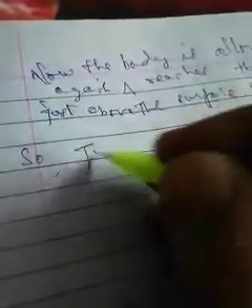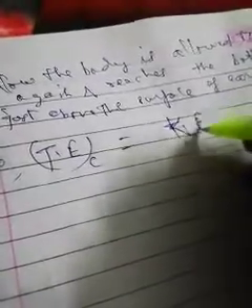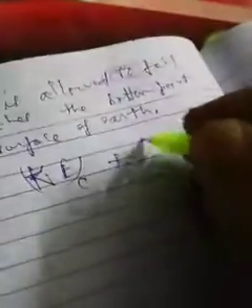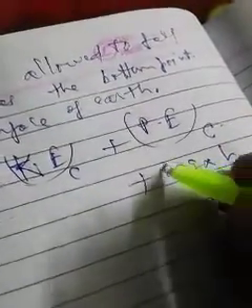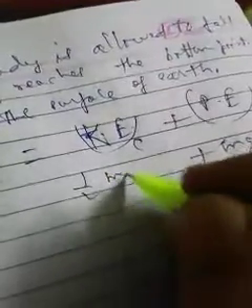So total energy at C means kinetic energy at C plus potential energy at C. Potential energy is height 0, so no potential energy. Kinetic energy is half mv square.